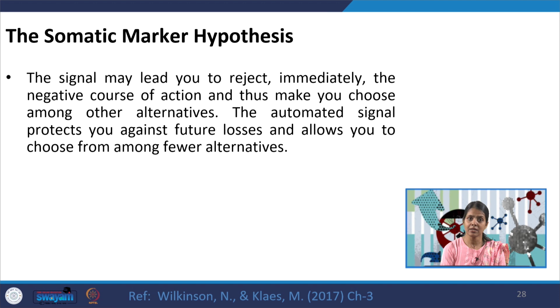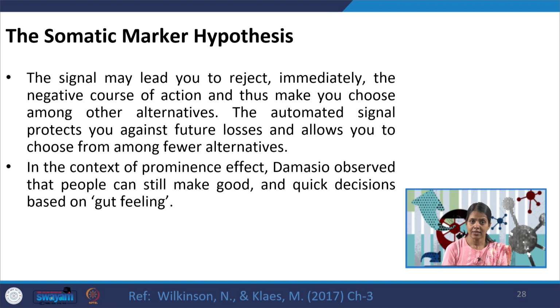The signal may lead you to reject immediately the negative course of action and thus make you choose among other alternatives. So, it is mostly an instinctive call or an intuition based call which one to go for. The automated signal protects you against future losses and allows you to choose from among fewer alternatives.